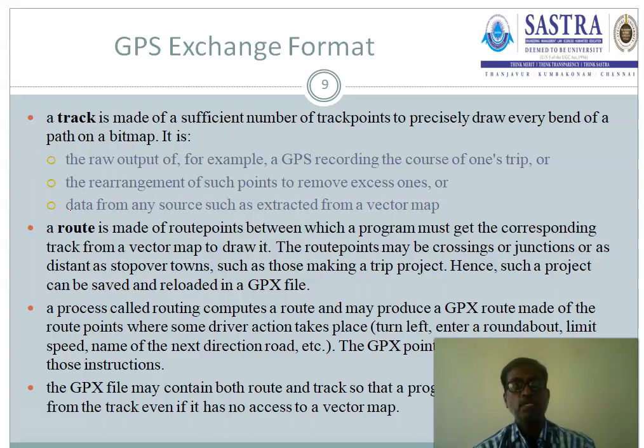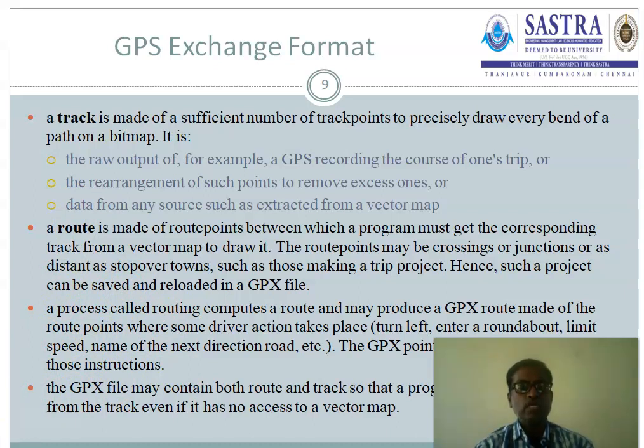See, sometimes unwanted track points may be collected and stored. That is not necessary. You can remove those unwanted track points. See, track points may be located very closely. It is not necessary. If it is a straight line, very close track points can be deleted. And then data from any source, any vector map or any other source, we are able to get the tracking information.